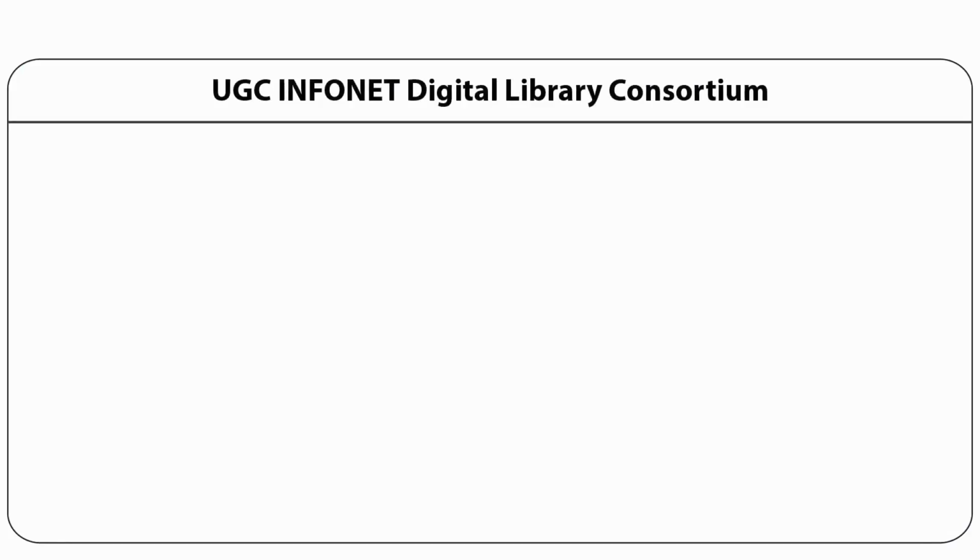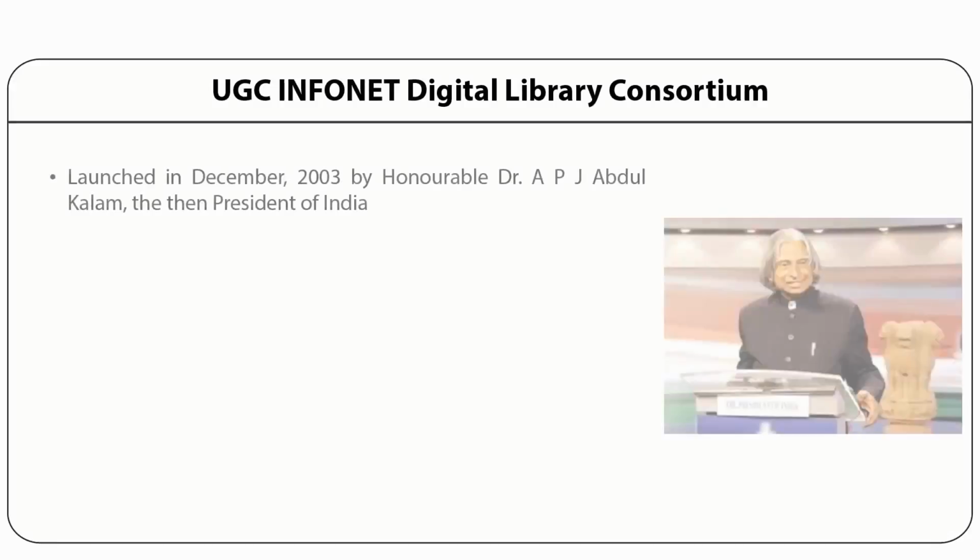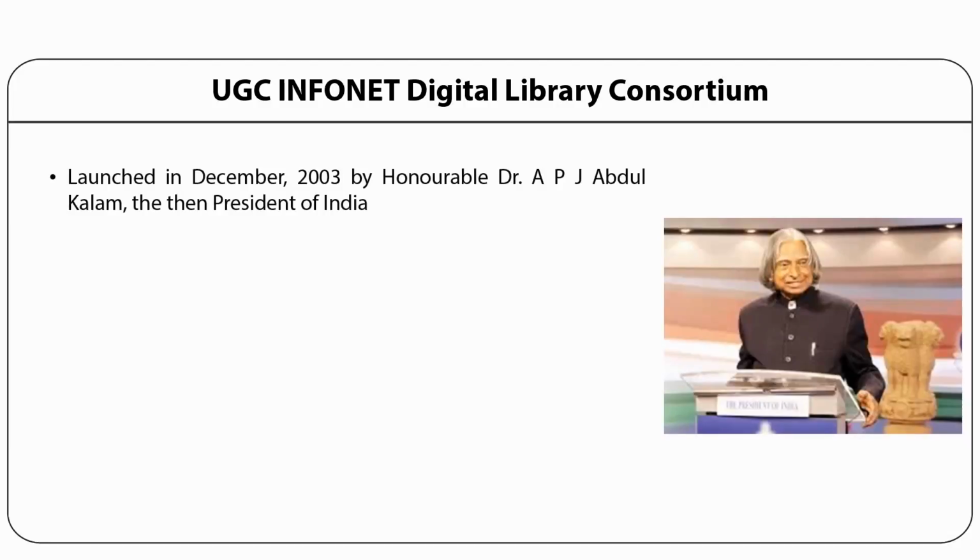The UGC-INFONET Digital Library Consortium, a major initiative of the University Grants Commission, was formally launched by Honorable Dr. APJ Abdul Kalam, the President of India at that time, in December 2003. The program started soon after internet connectivity was provided to the universities through the UGC-INFONET connectivity program during the year 2003.